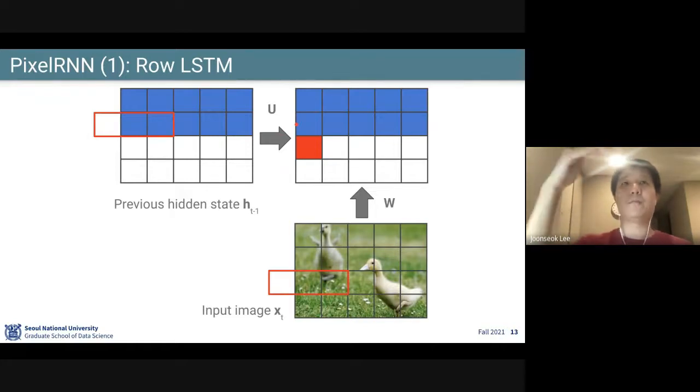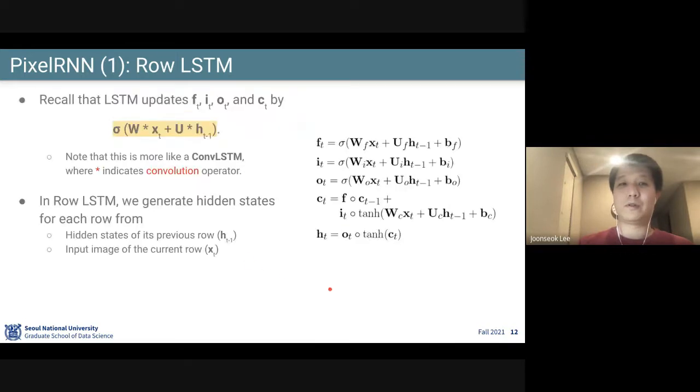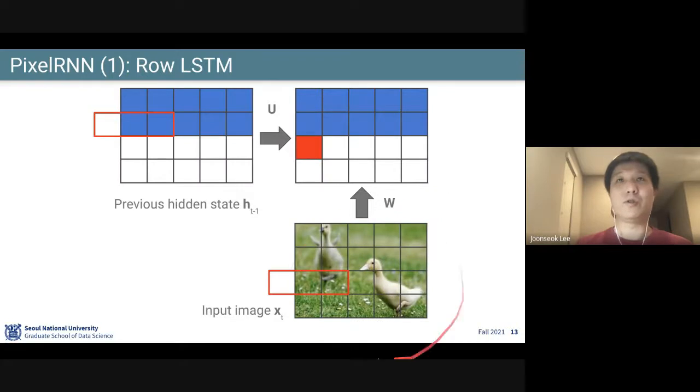They generate row by row, and at this time step 3, they use the generated row from the second row. So for this one, they use these 3 values, where this will be zero padded. And then the input, which is x_t, is this input image.